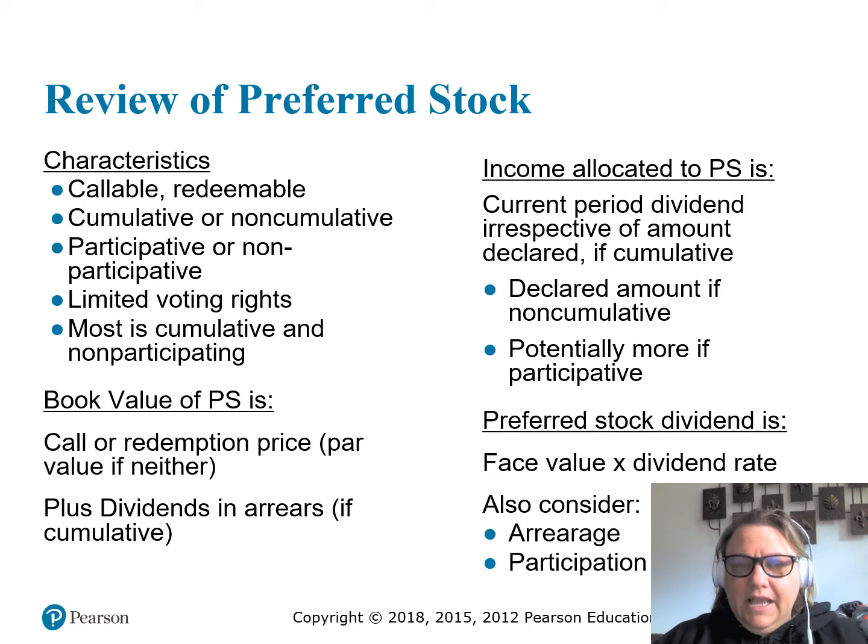But if the company has a bad year or chooses not to pay dividends, then unlike common stockholders who just get it when they get it, cumulative preferred can say, well, I didn't get paid dividends in 2011, so not only will I get 2012 dividends, but I'll also get what I would have made in 2011 at that percentage rate. And then the rest goes out to common.